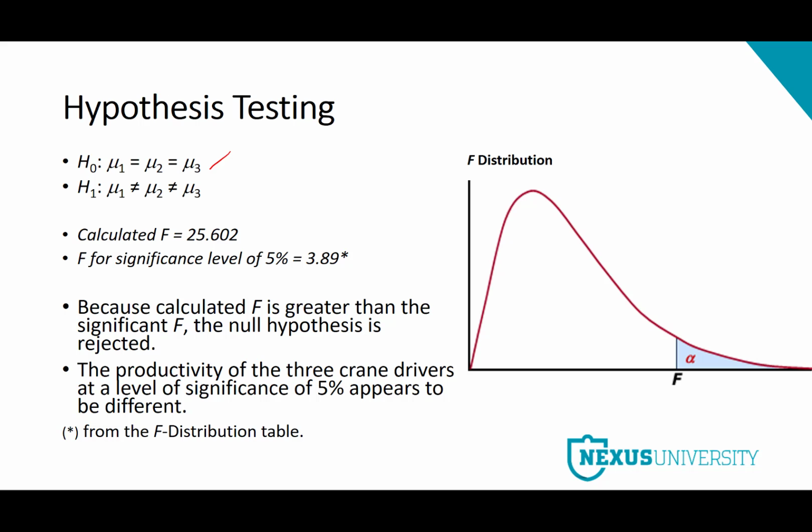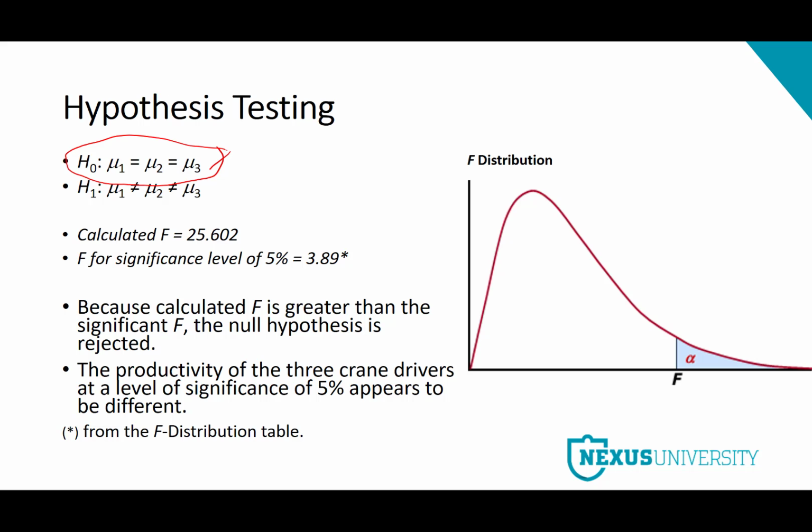The calculated F is greater than the critical F. Therefore, the null hypothesis is rejected, which is the hypothesis up here. The conclusion is that the productivity of the crane drivers at the level of significance of 5% appears to be different.